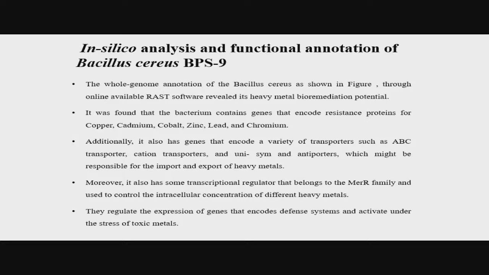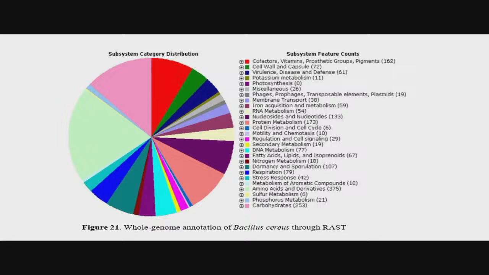You can analyze the functional annotation of the key genes. So whatever pathogen-specific criteria, and how many types of genes there are: stress response, amino acid derivatives, sulfur metabolism, carbohydrate. It has a lot of data, so each data you need to analyze and you target.